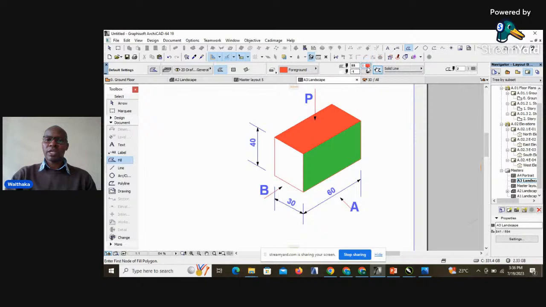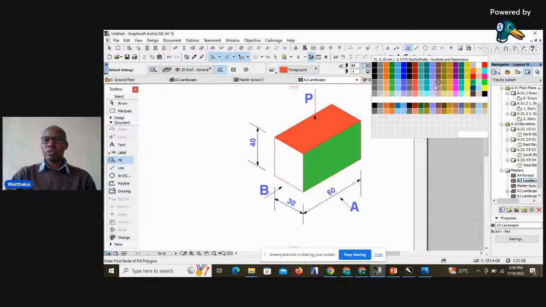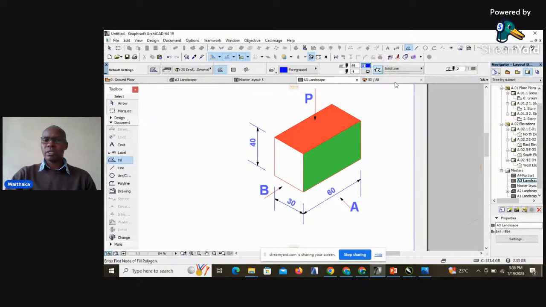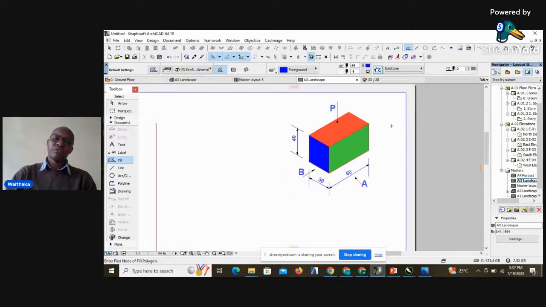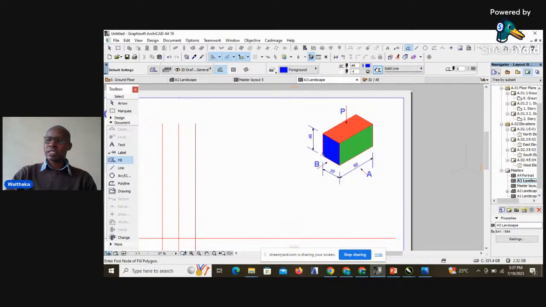Then we also have the end view, the one I'll highlight in blue. So whatever we are seeing in red is our plan. Whatever we are seeing in green is the front view, and then whatever we are seeing in blue is what will represent our end view.